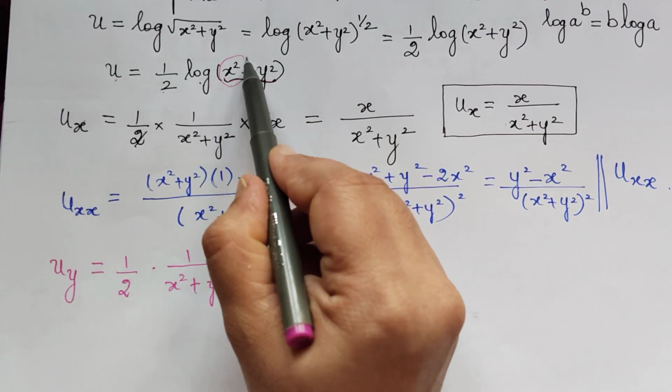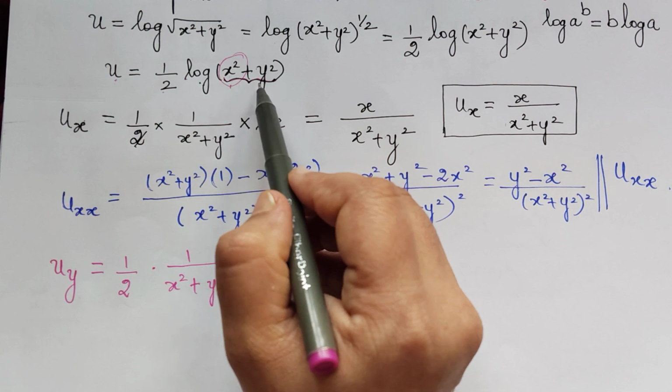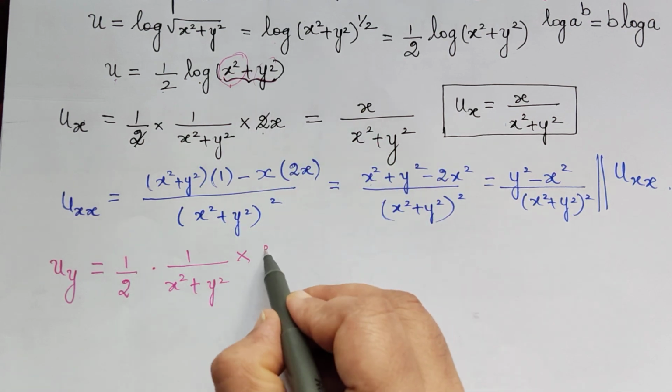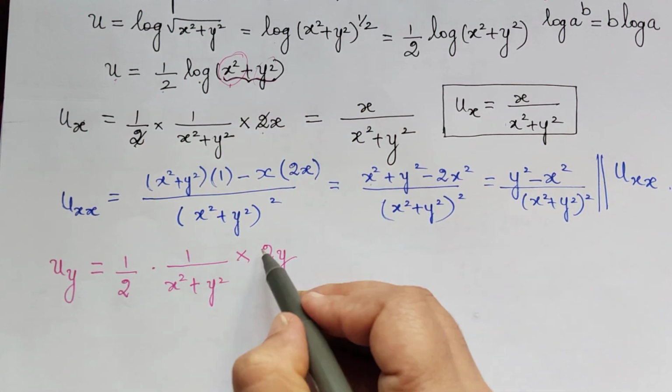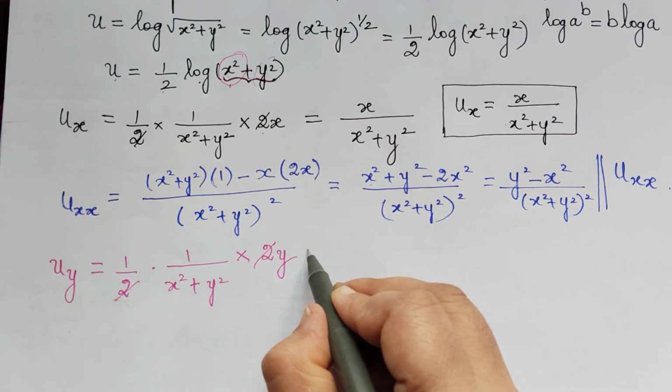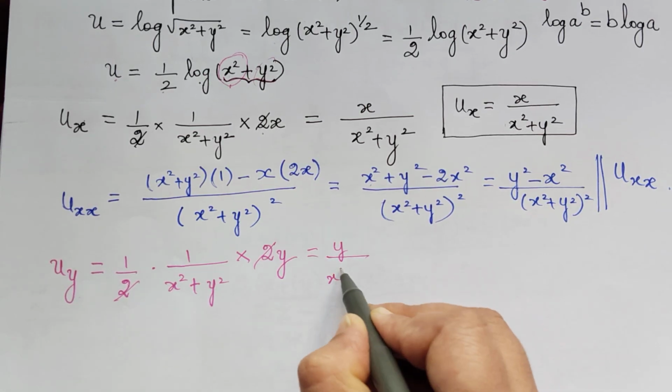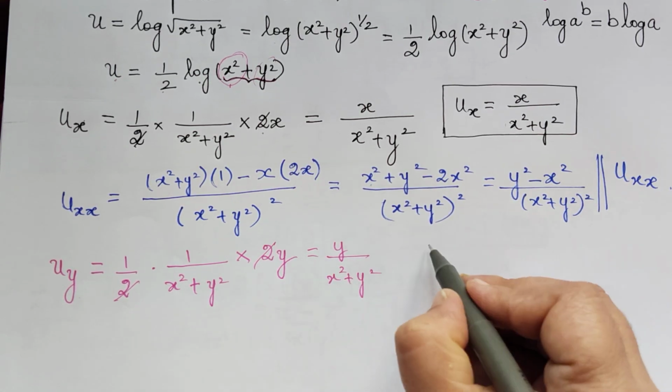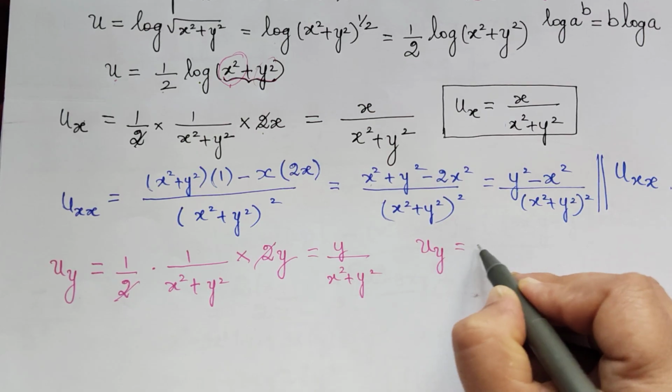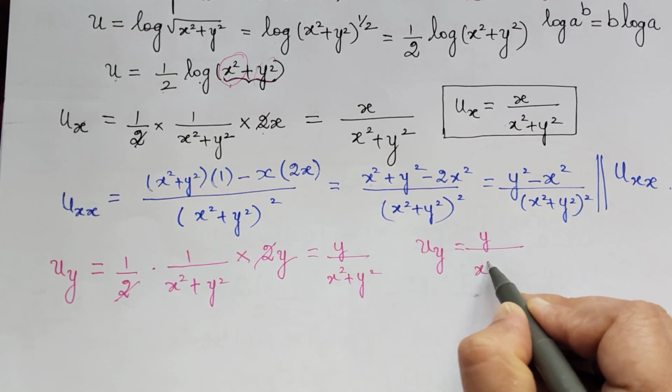When we differentiate x square with respect to y, it becomes 0, and the differentiation of y square will be 2y. So 2 and 2 gets cancelled and we get y by x square plus y square. Therefore we see that uy is equal to y divided by x square plus y square.